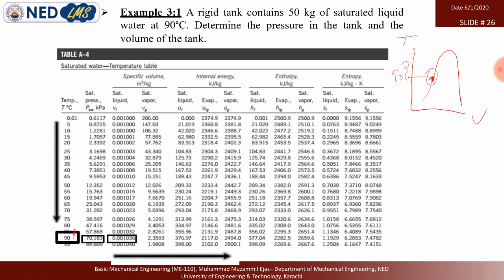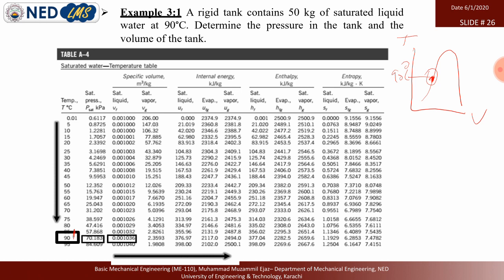So in this example we get the answer at 90 degrees centigrade: if we boil the water at 90 degrees centigrade, the pressure should be 70.13 kilopascal, and atmospheric pressure is 101 kilopascal. So it is almost 30 kilopascal less than atmospheric pressure.